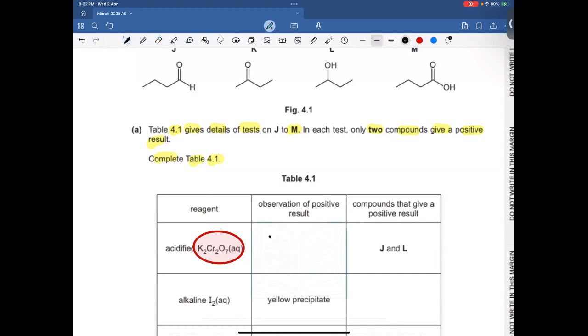So orange to green. All right, because K2Cr2O7 is orange. Whenever it undergoes a chemical reaction, obviously green color is observed. Compound that gives a positive test J and L.